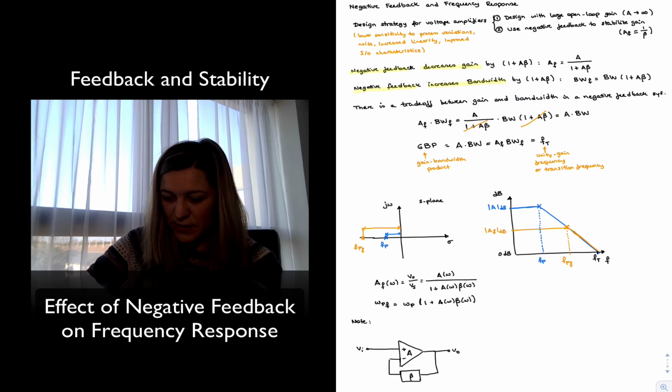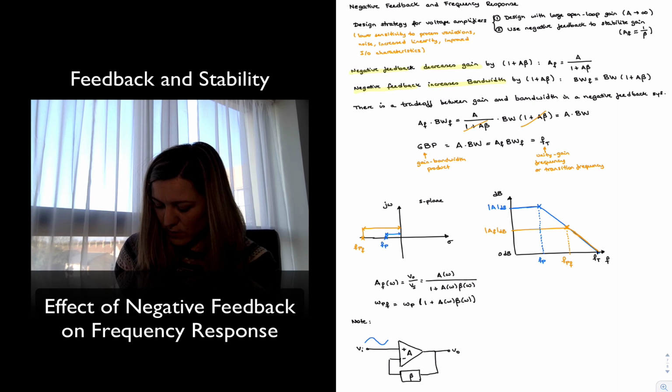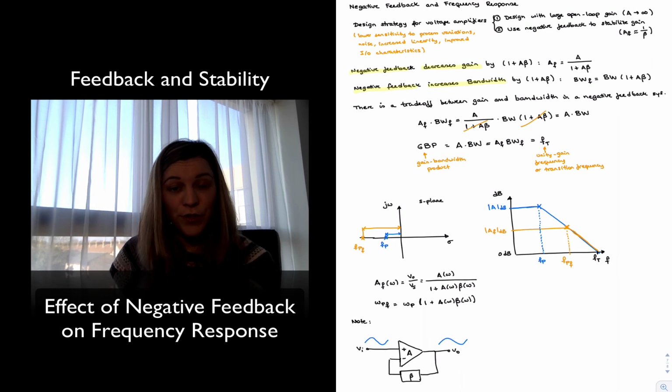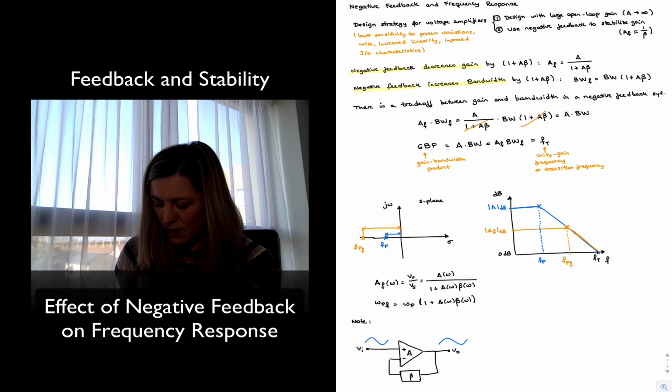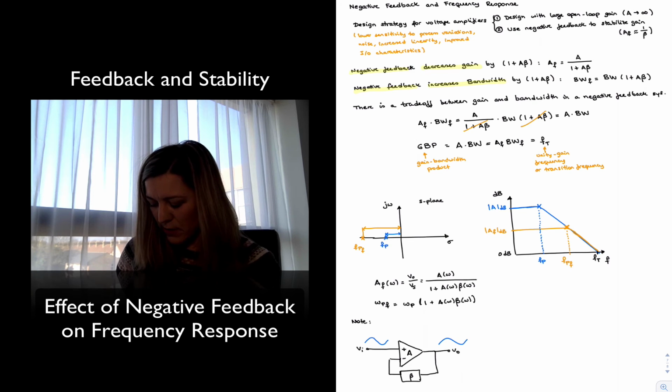Let's imagine I have my signal. First, I'm going to do it with blue. I have my input signal. Because this is a non-inverting amplifier, it's going to produce an output signal in phase with the input signal. That output is going to be sampled, run through the feedback network. Typically, the feedback factor is going to be something less than 1. In the case of the non-inverting amplifier, you have a voltage divider, so it's going to be something less than 1.